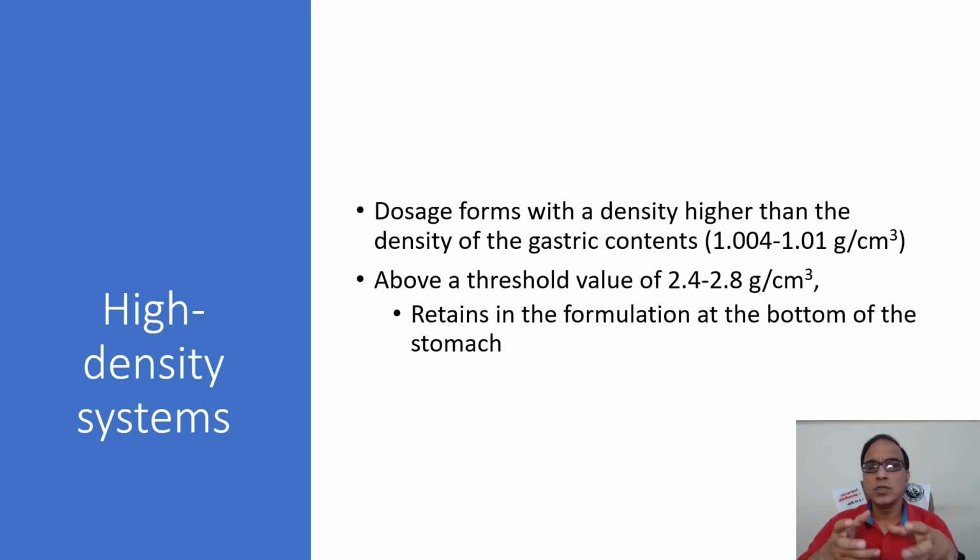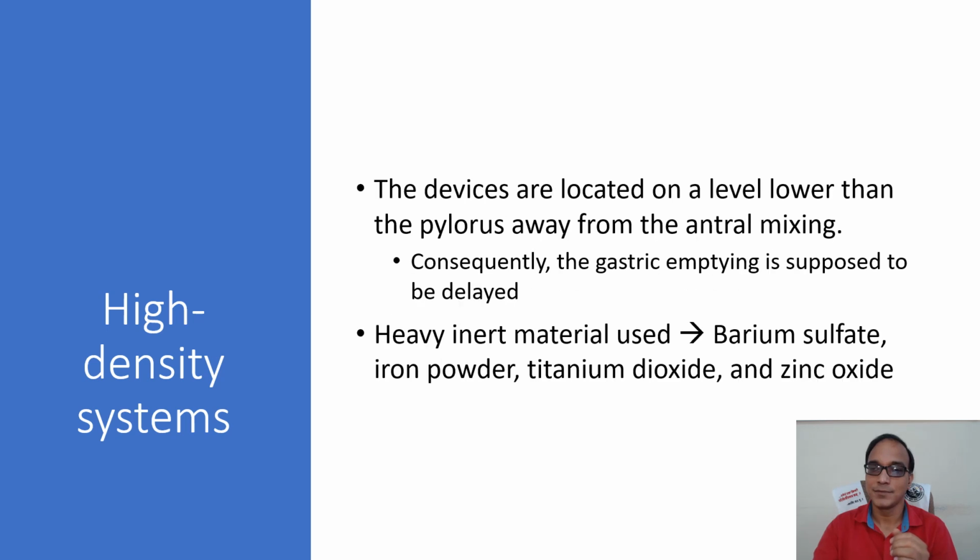So what we are doing is making it high density, so it will remain at the bottom for a longer period of time. The devices are located on the lower part of the stomach, away from the antral mixing. Consequently, the gastric emptying is supposed to be delayed. Heavy inert materials like barium sulfate, iron powder, titanium dioxide and zinc oxide are used when you are developing these high density systems.